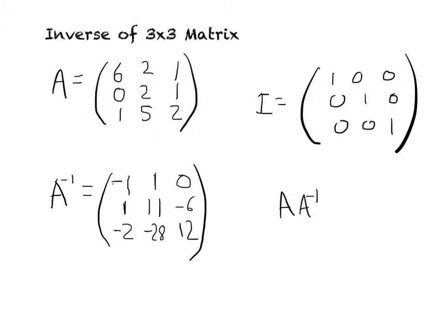What we see is that we end up at the top with 6 times minus 1, add 2 times 1, add 1 times minus 2, so minus 6, add 2 is minus 4, subtract 2 is minus 6. Now that will become the determinant. I need to divide by minus 6, which is the determinant of the matrix.